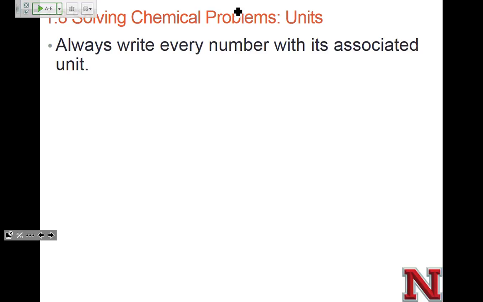So we'll need to know, okay, if I have this amount of sodium hydroxide in moles, how many moles of potassium hydroxide will I form? So that's two different things, even though they're both in moles. So not just following your units, but following your units of what is going to be really important. So we want to write every number with its associated unit, and if it's appropriate, what it is.